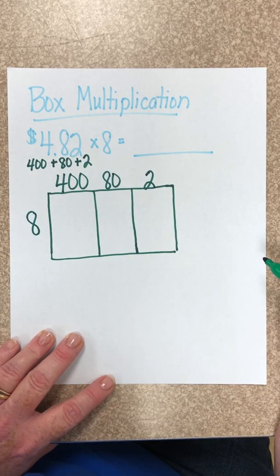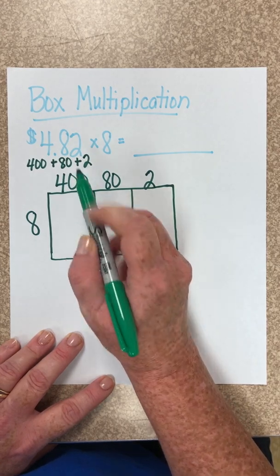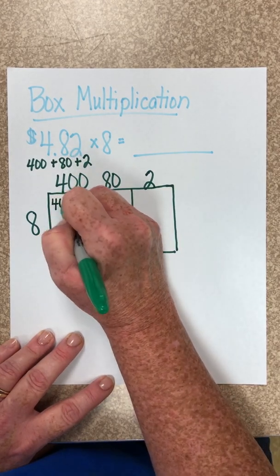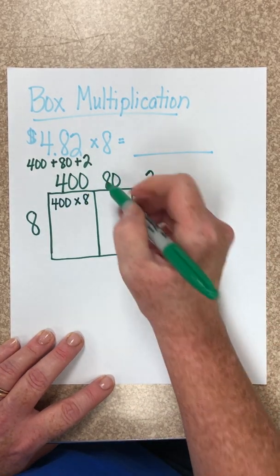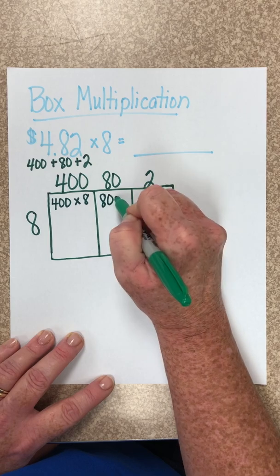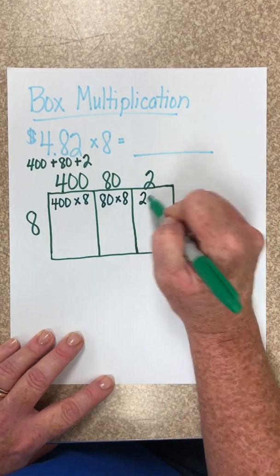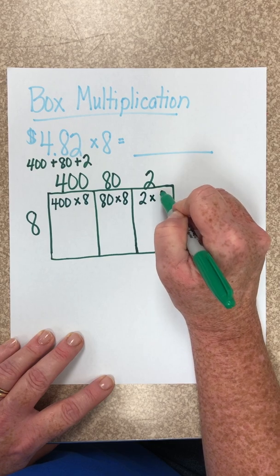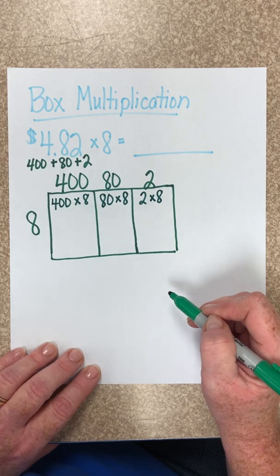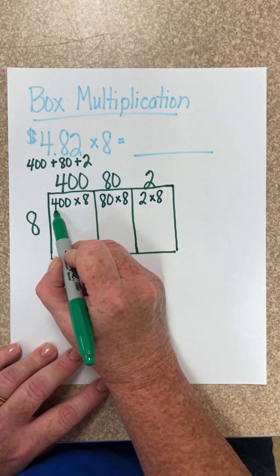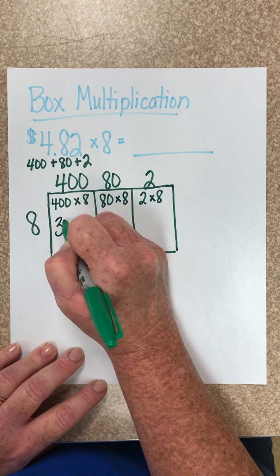Now let's show our work. Always start with the top number. That's 400 times 8. Next is 80 times 8. And last is 2 times 8. Now let's multiply. Let's do some quick multiplication here. 4 times 8 is 32.